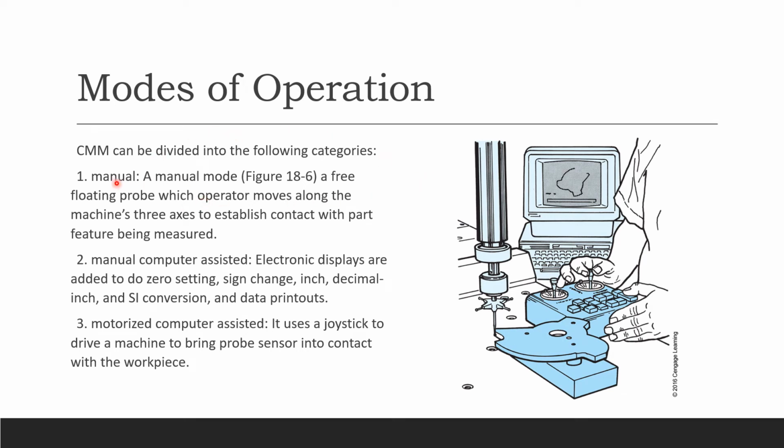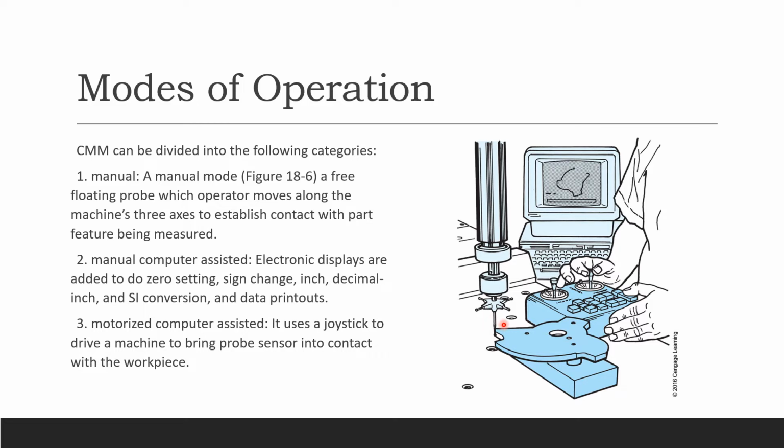Modes of operation. CMM can be divided into the following categories. The very first one is manual. Second one is manual computer assisted. The third one is motorized computer assisted. So the manual mode is just a free floating probe.